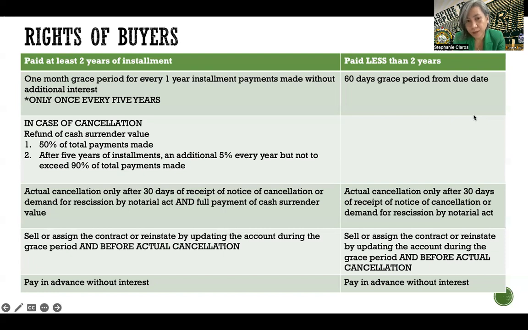Another right of the buyer is that after cancellation, the actual cancellation of the contract will take place only after 30 days from receipt of the notice of cancellation or demand for rescission by notarial act, and full payment of the cash surrender value.